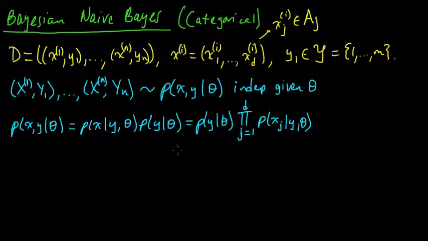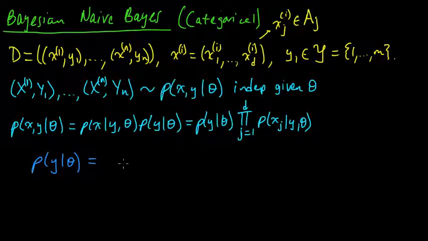Now we need to define our model. We need to say what these distributions are. So we need to define the probability of y given theta. This is just going to be some categorical distribution, because y just takes finitely many values, 1 to m, and it's parameterized by theta.